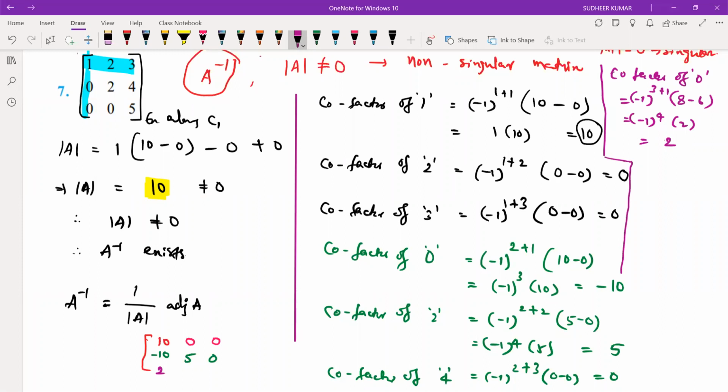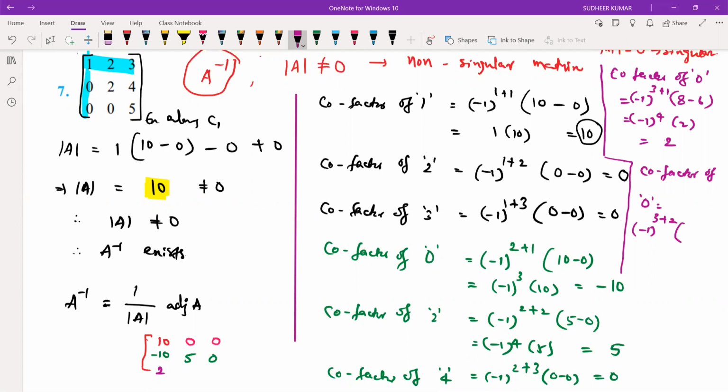And the next one, cofactor of another 0 is (-1) to the power of 3+2 into the remaining value, 4 minus 0.